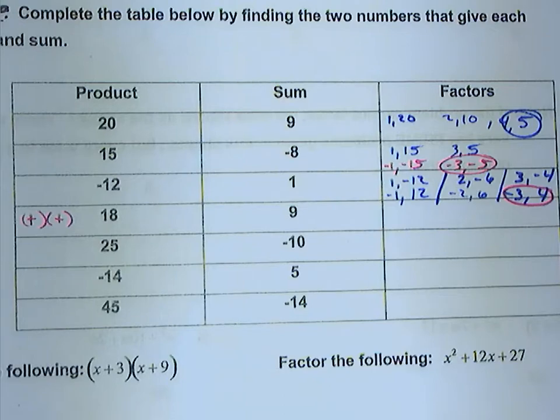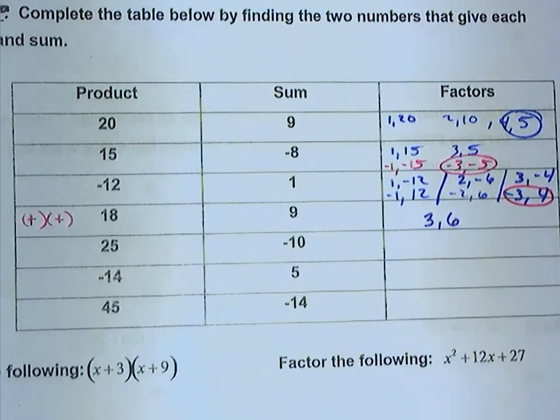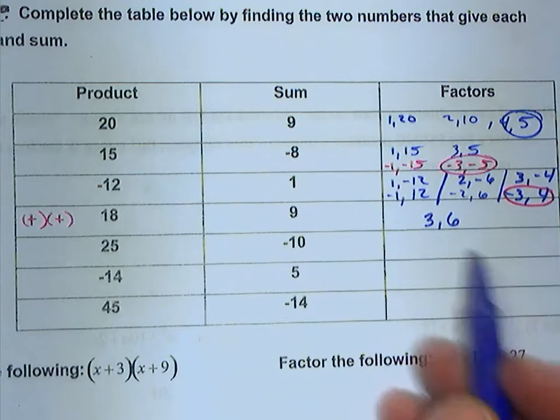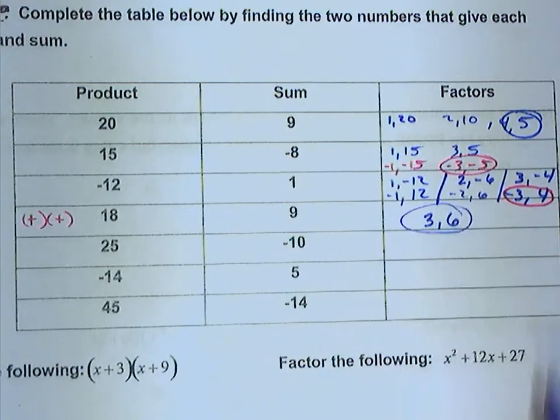Can you think of factors of 18 that work without having to list them all out? Damien? 3 and what? Is 3 times 6 18? Yes. Is 3 plus 6 9? Yes. Those are your factors, bud. Good job.